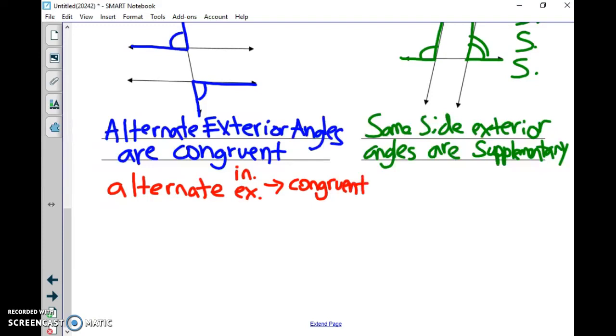Okay? But anytime we see the phrase same side, whether it's interior or exterior, either of those is going to be supplementary. You have to squeeze that in there. You can't really read that, but it's supplementary.